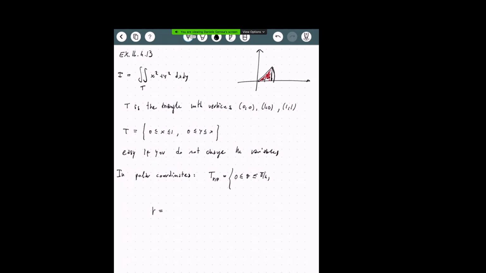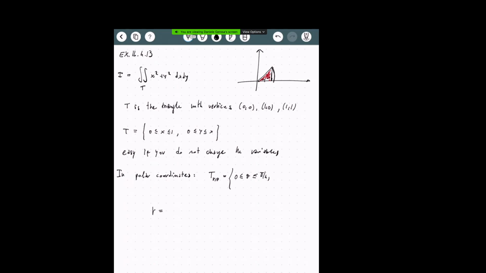Okay, so this is not what I'm looking for. Yeah, it's sine.